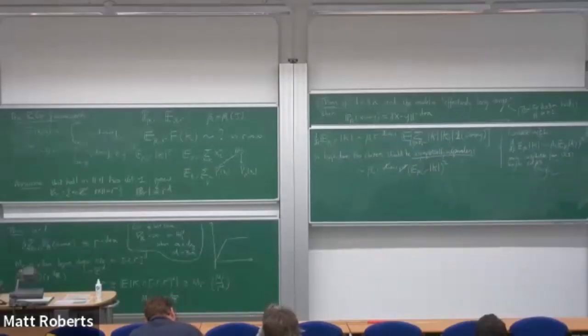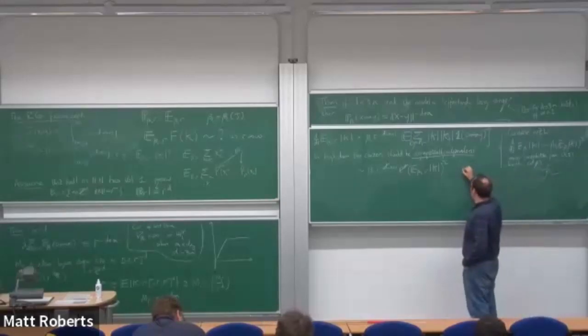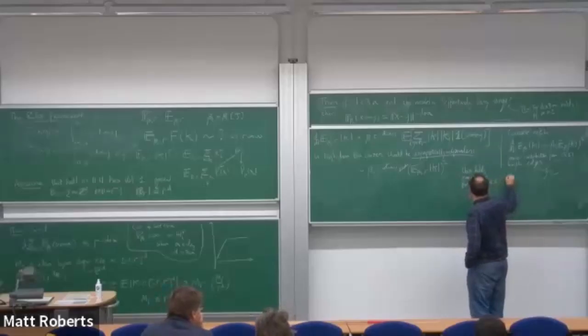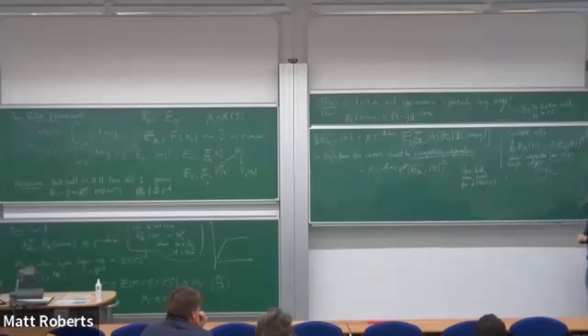Now, in fact, what happens, though this is much harder to prove, is that this holds even in this critical dimensional case. So again, it's much harder to prove that it holds.